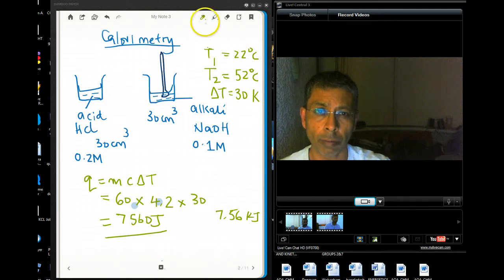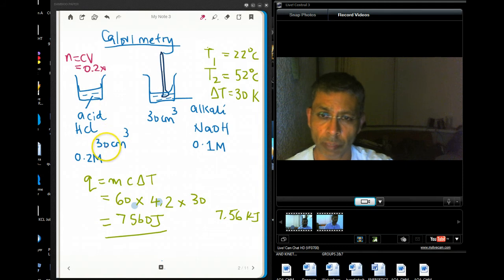Let's work out the moles of each of our solutions. n equals CV. So concentration 0.2 times volume, which has got to be in decimeters cubed.